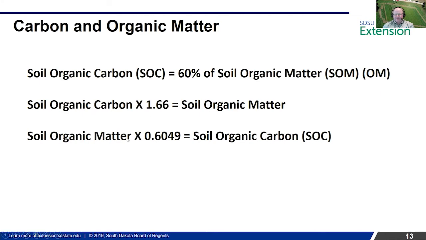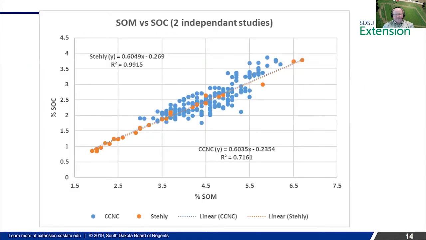Vice versa, if we just had an organic matter number and we wanted to convert it to carbon, we multiply by 0.6, that factor right there, 0.6049. Okay, so they're very closely related. I mean, they're right next to each other. So what's interesting is to show this a little bit farther in the Staley study, which would be the orange data points here.